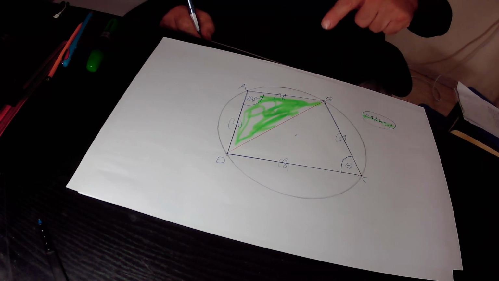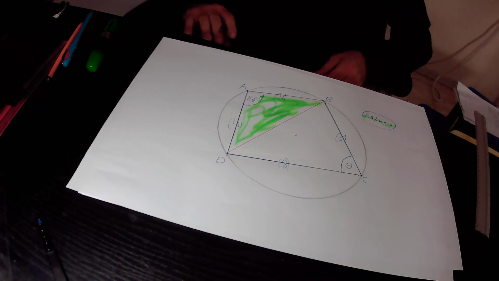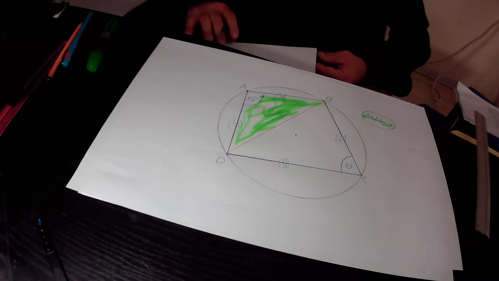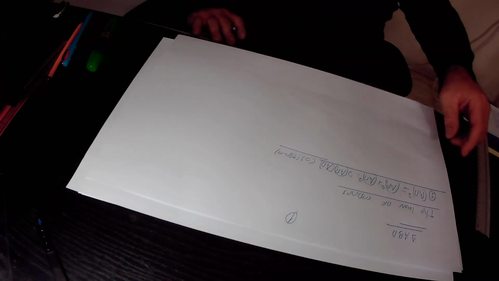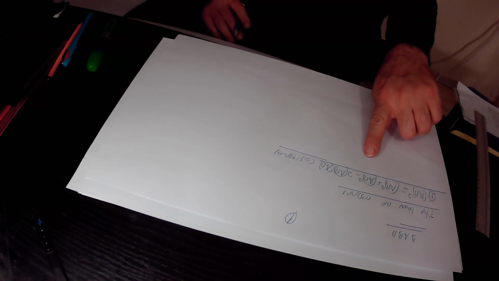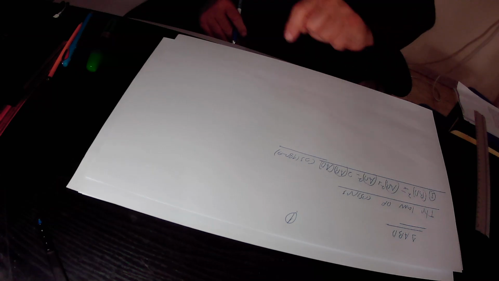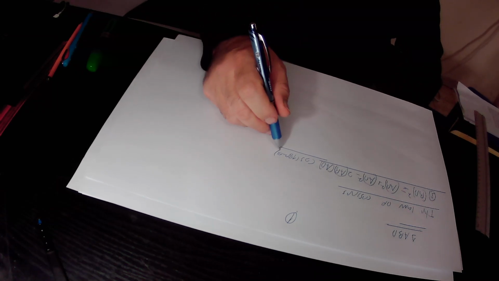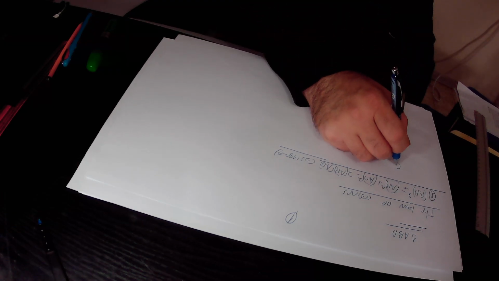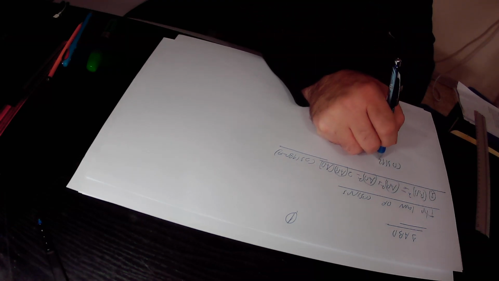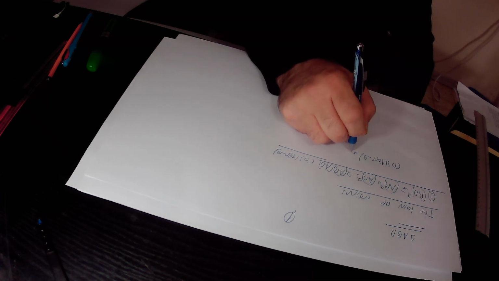We have the trigonometric identity that says that cosine of 180 degrees minus theta equals minus cosine theta.